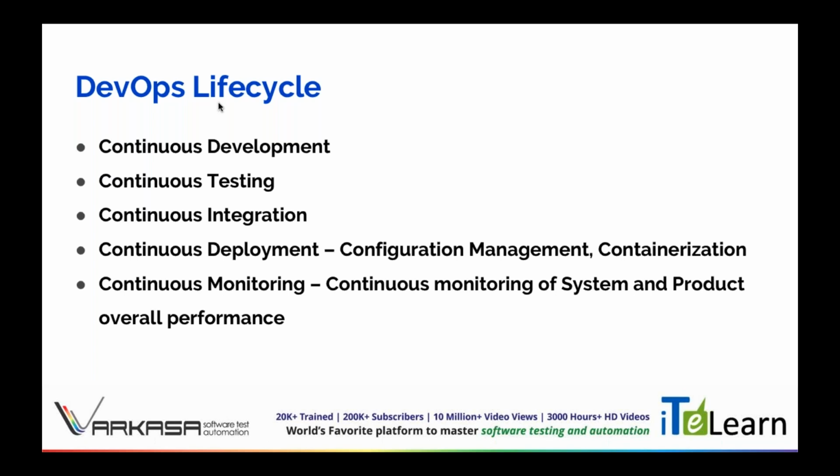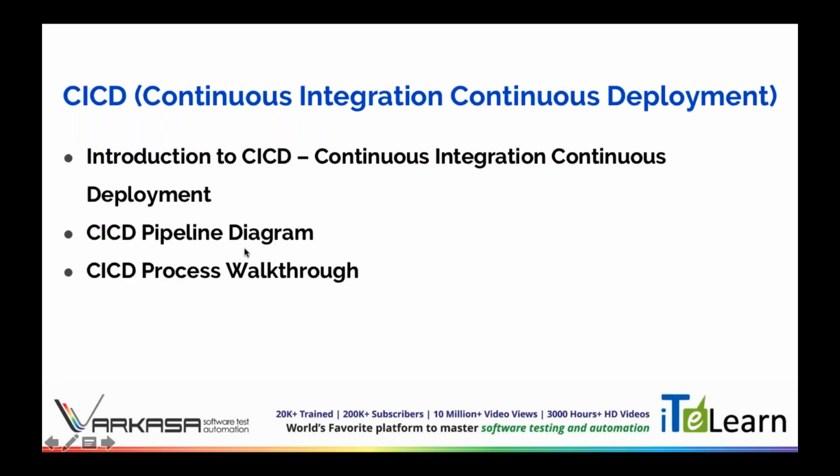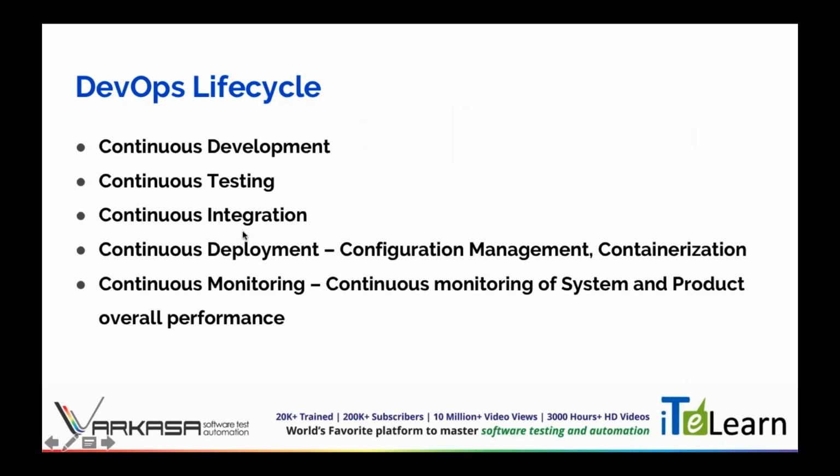We'll go into that in a few minutes, but basically it's just the overall product health check. This is why the integration part is very important, because if it's not integrated continuously, it will not be ready for deployment, and eventually it will slow down the process.